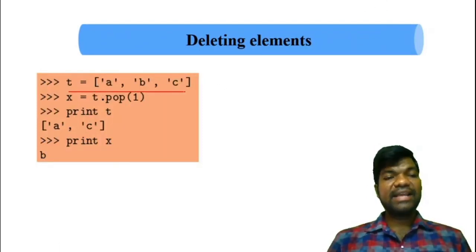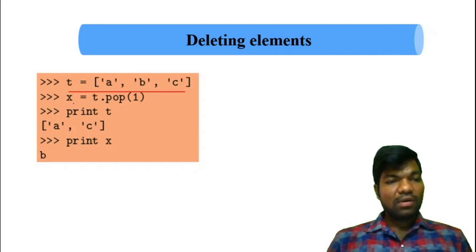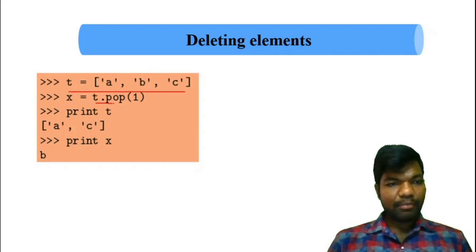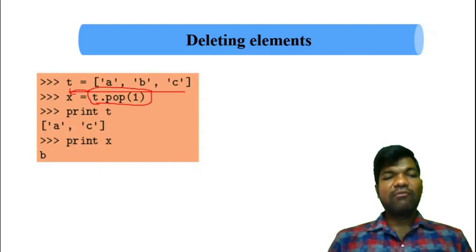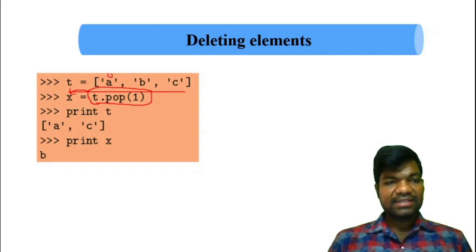Take one list, A, B, C. The first method of deleting is popping the element. I am popping the element, and that element is assigned to a variable. That means pop of 1. Pop of 1 means check the index: this is 0, this is 1, this is 2.